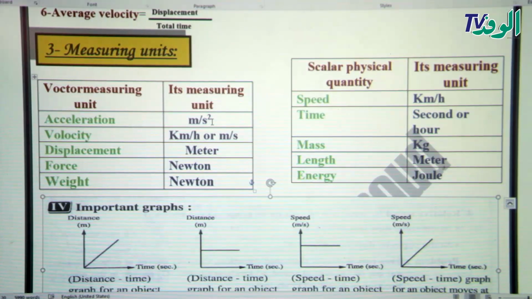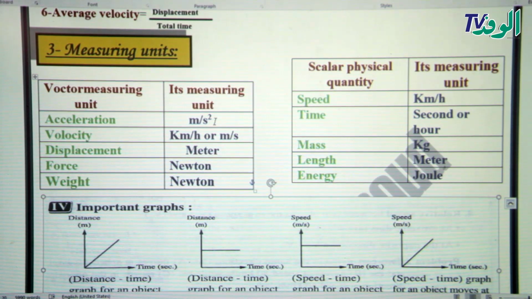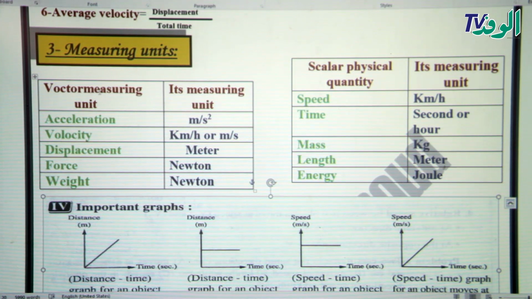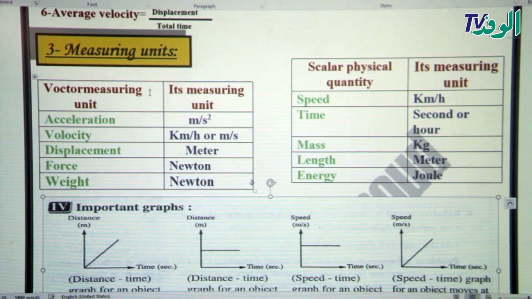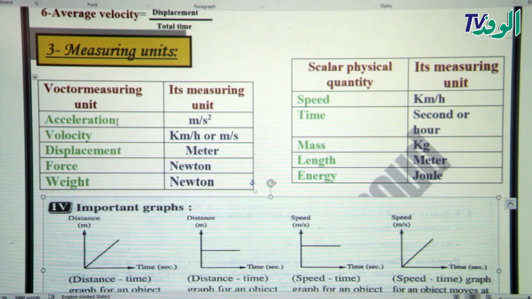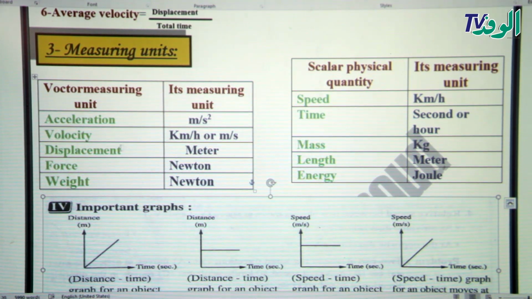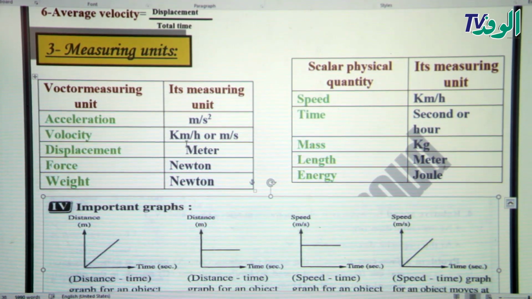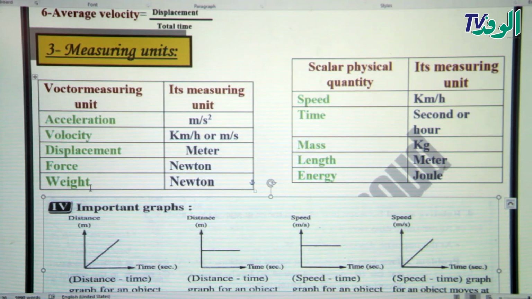We are still with the revision of the first unit, unit 1, and we now move on to the measuring units. We divide the measuring units as we divided above in the table of definitions, into vector measuring units and scalar measuring units. Vector measuring units, such as acceleration measured by meter per second squared, velocity measured by kilometer per hour or meter per second, displacement by meter, force measured by Newton, also the weight.